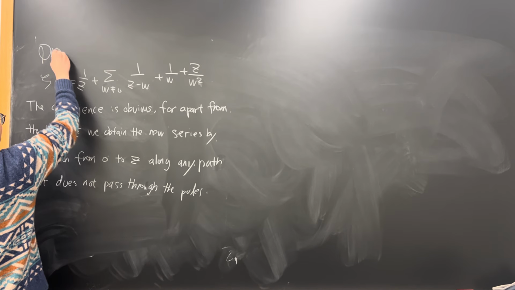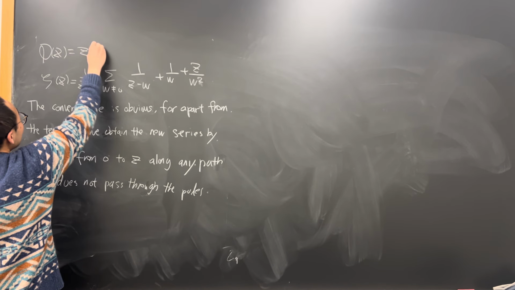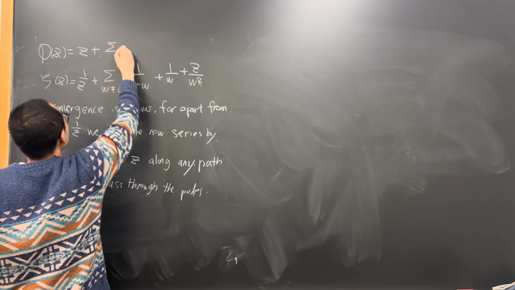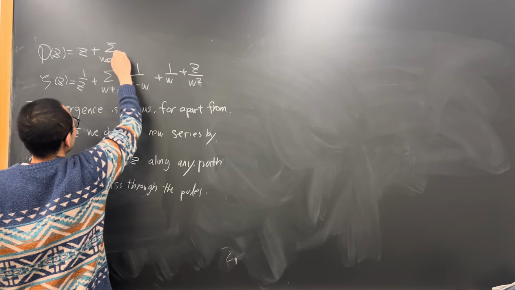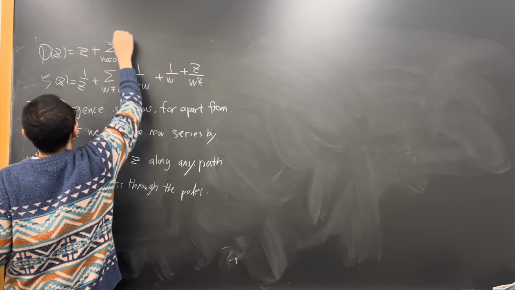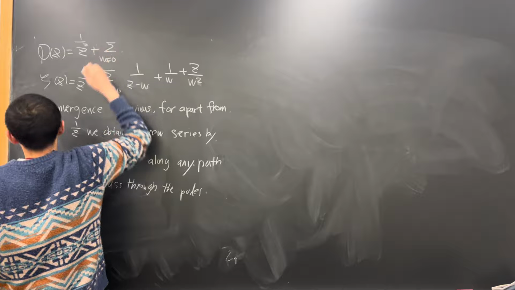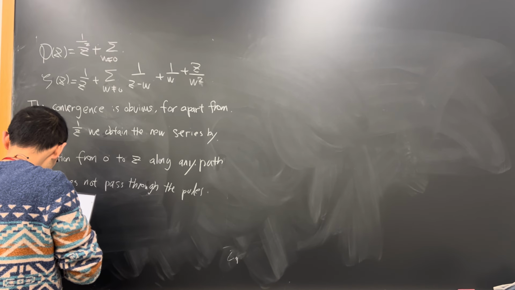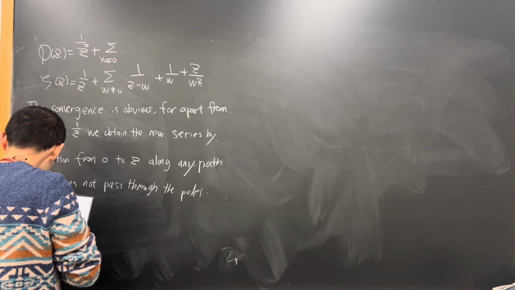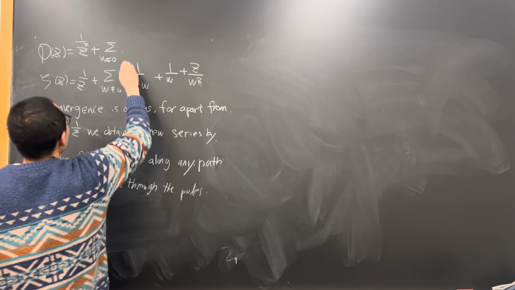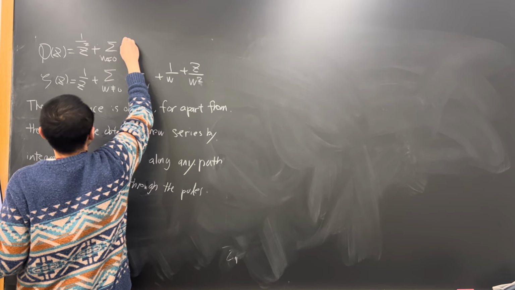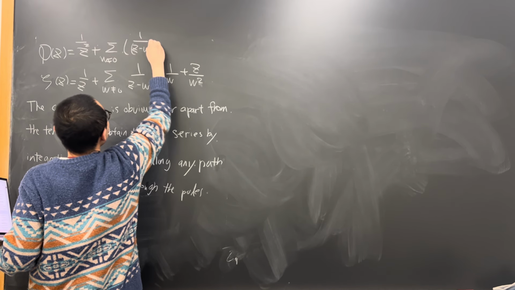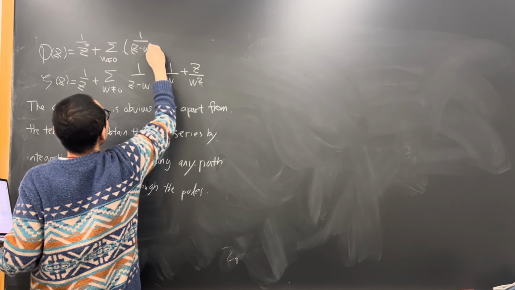The Weierstrass function is equal to 1 over z squared plus the summation over omega not equal to 0 of 1 over z minus omega squared minus 1 over omega squared. Wait, I was a little bit confused. Yes, so this is 1 over z squared.